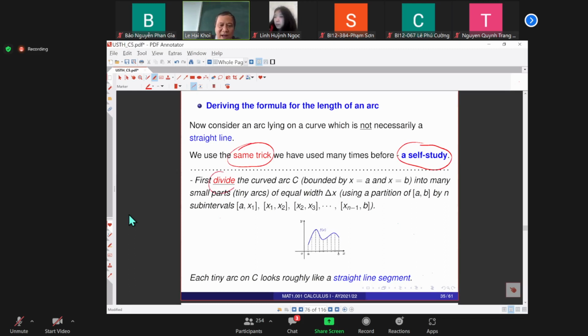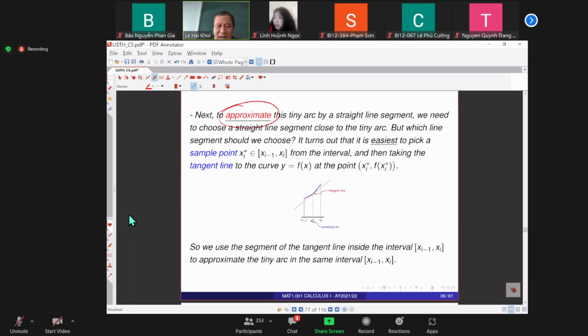First, divide into different parts. You see, it looks like the area when we talked about it. And then we approximate this arc by a straight line, the same as that one. Okay, so the sampling point, you know, the tangent line, this is linearization.